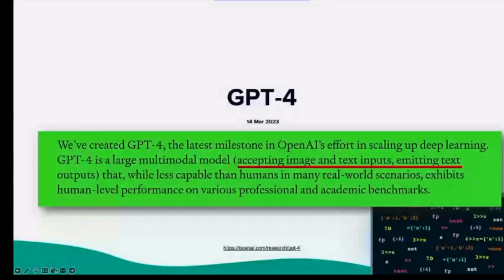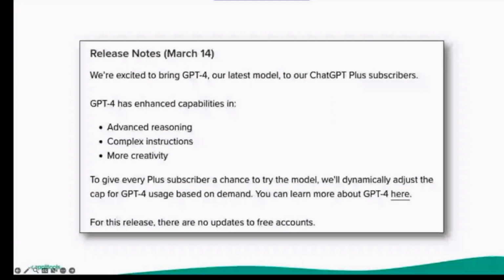They also introduced ChatGPT Plus, which gave better reasoning, faster responses, and higher availability to the users. So that's a commercial model from a ChatGPT perspective. While there was no change for free accounts, the Plus subscribers probably got more out of it.